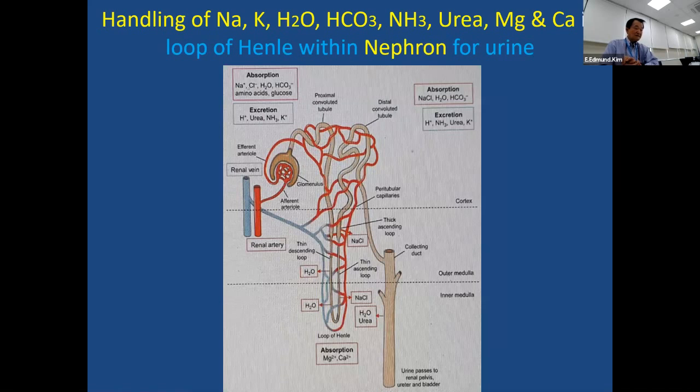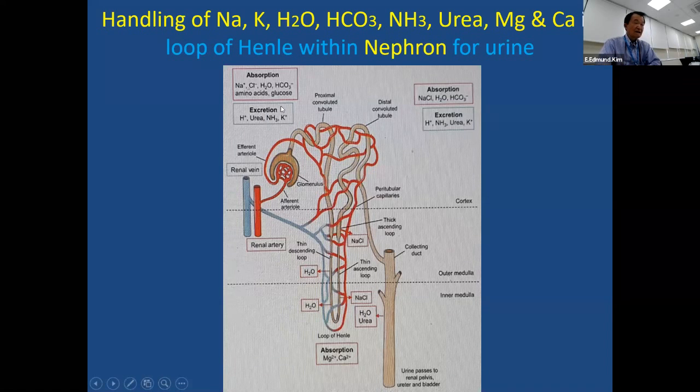As I mentioned earlier, in renal function the kidneys handle all kinds of important electrolytes, particularly sodium, potassium, bicarbonate, ammonia, urea, magnesium, calcium.